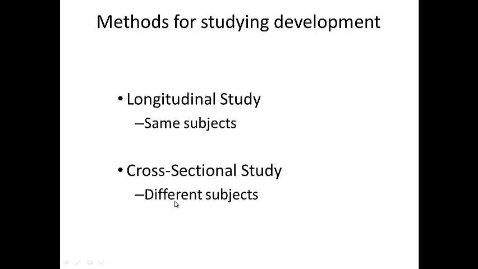The only problem, though, is that you're studying different subjects, so you can never be sure in a cross-sectional study that the results you're obtaining are due to changes in development, because the changes could be due to differences in the ability of a group of subjects, right? Let's say you find that there's no difference between the memory abilities of 4 and 5.